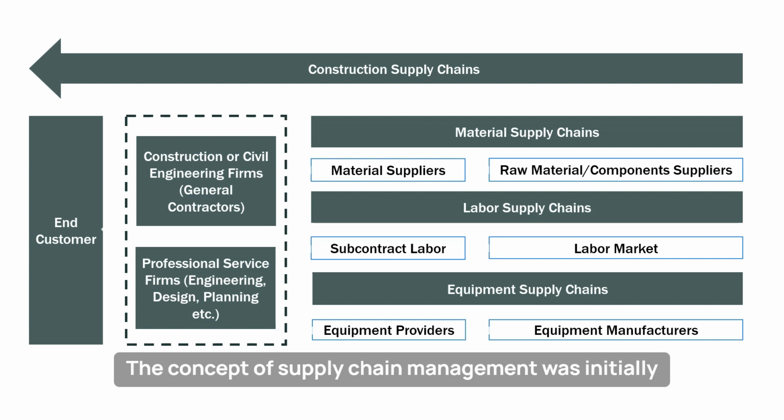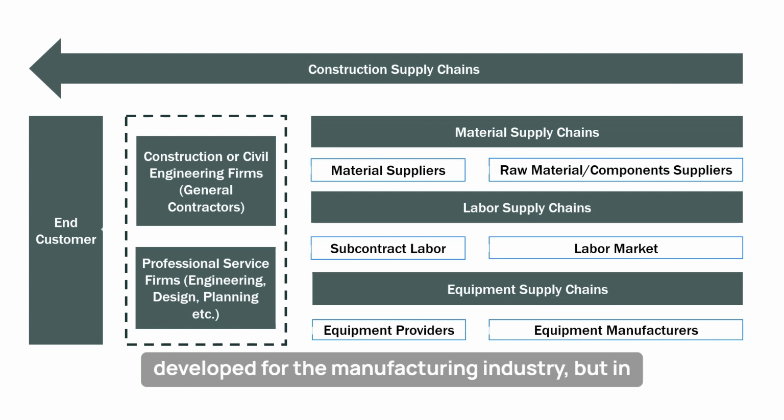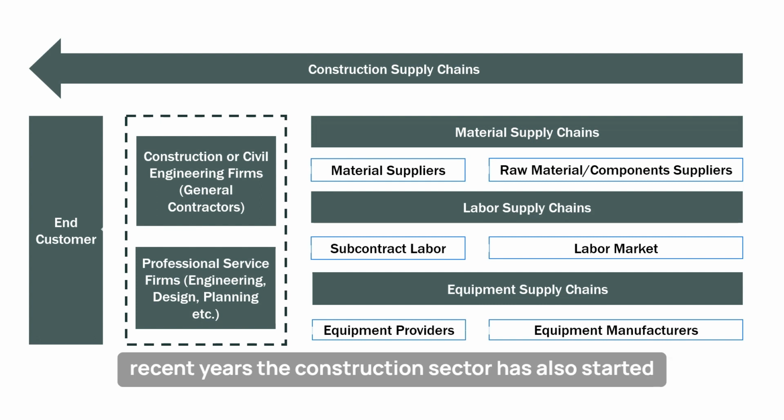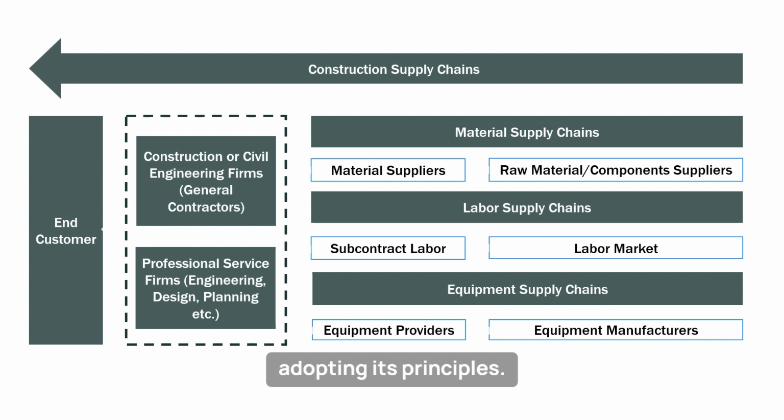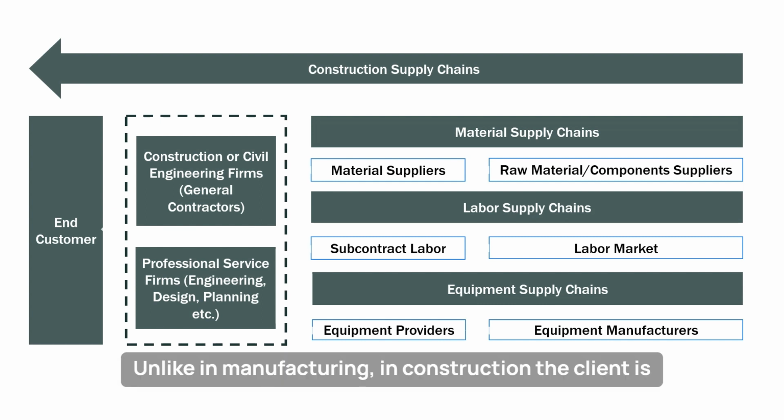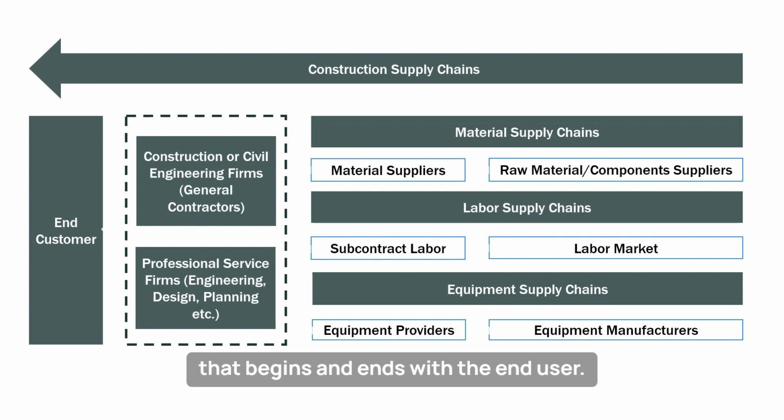The concept of supply chain management was initially developed for the manufacturing industry, but in recent years, the construction sector has also started adopting its principles. Unlike in manufacturing, in construction, the client is the one who starts a project, which means that the construction supply chain is often seen as a process that begins and ends with the end user.